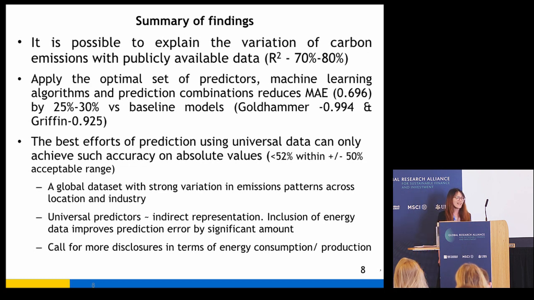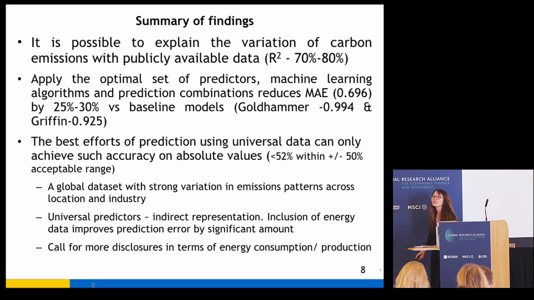Then our finding, consistent with the prior finding, is that it is actually possible to explain the carbon emission variation among a universal group of firms. Here we also have the adjusted R-square, but this is an out-of-sample adjusted R-square that can reach as high as 80%.